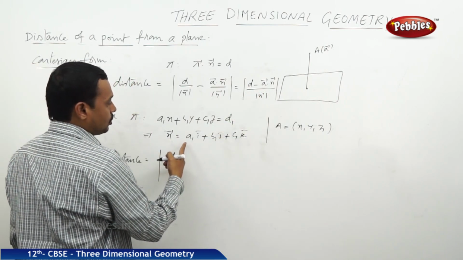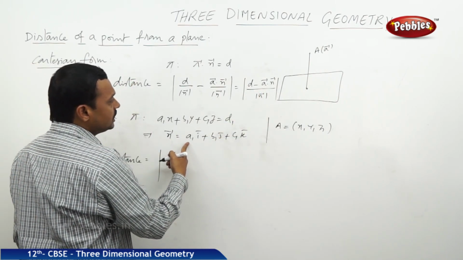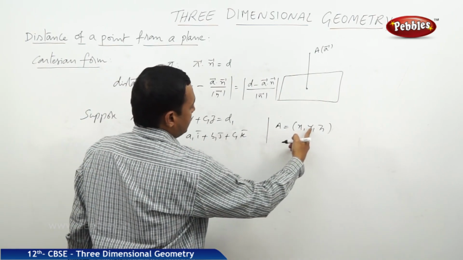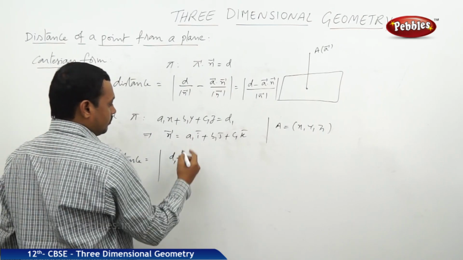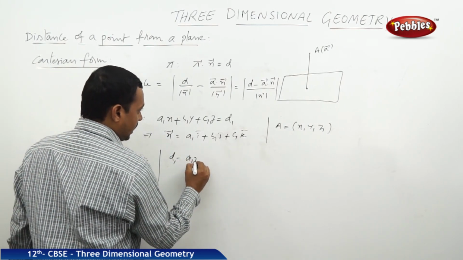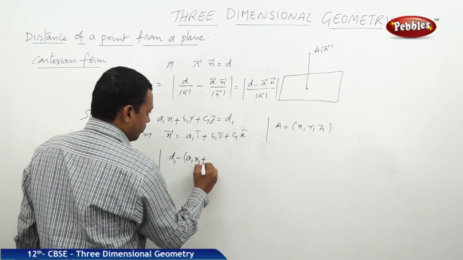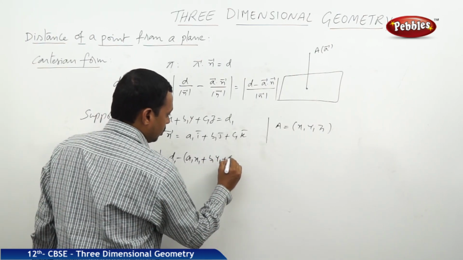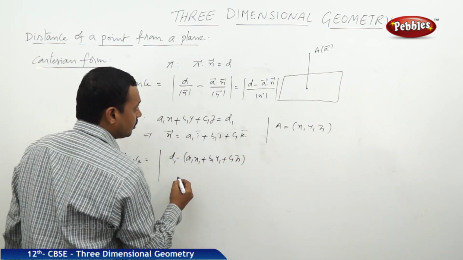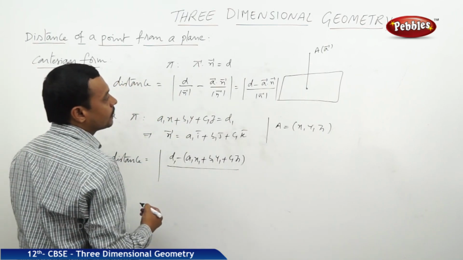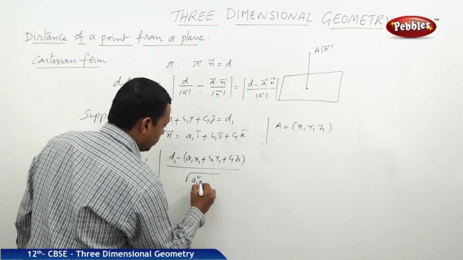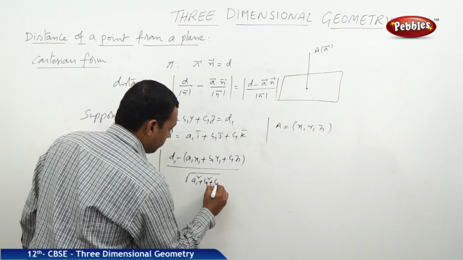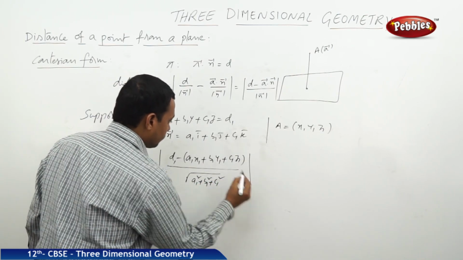A dot n is, A bar is equal to xi plus yj plus zk, dot with n, that is a1x1 plus b1y1 plus c1z1 by modulus of n, that is root of a1 square plus b1 square plus c1 square.